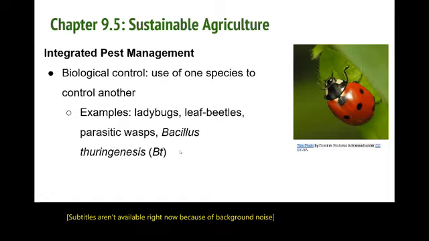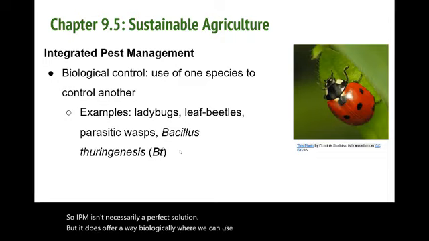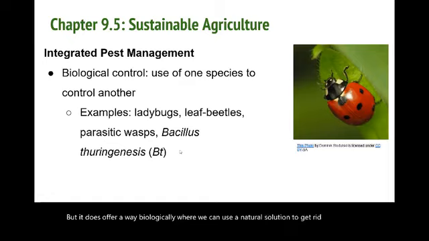IPM isn't necessarily a perfect solution, but it does offer a way biologically where we can use a natural solution to get rid of a pest. So rather than using harmful, harsh chemicals, we can try to find a natural predator that maybe consumes that organism.